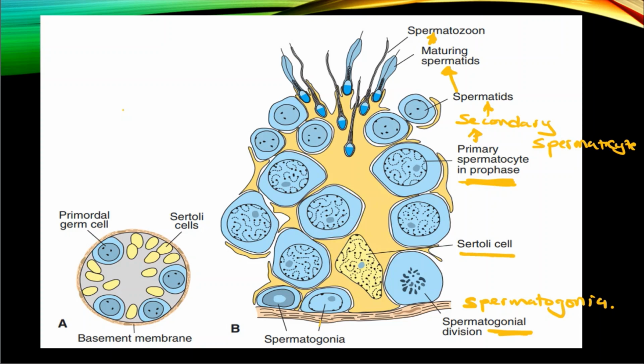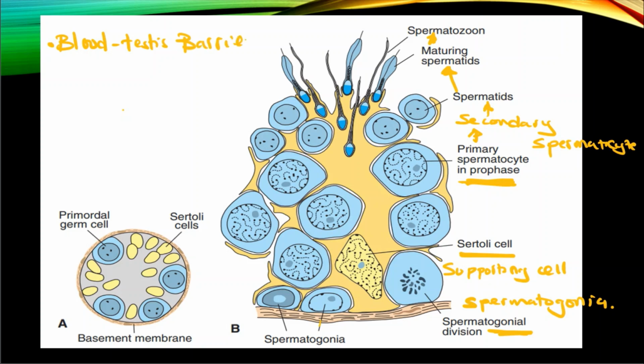This is a Sertoli cell. The Sertoli cell is a supporting cell. It supports and also provides nutrition to the developing spermatozoa. It also creates what we call the blood-testis barrier.